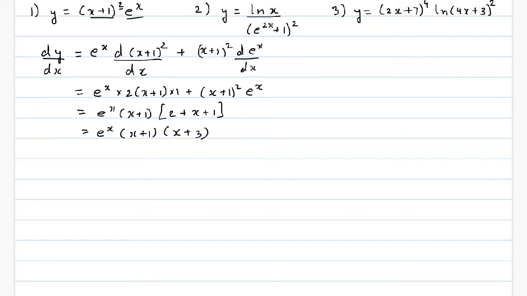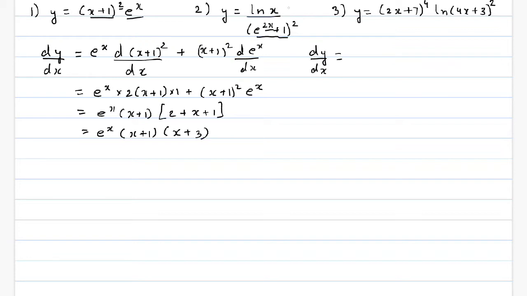Now let's see the second question. In the second one, again we have maybe 4 different functions. First we have this log of x, then divided by we have our squared function, then we have e raised to x plus 1, and then we have 2x. So we'll go one by one. First we have that division, so therefore we'll use that division rule. So we'll have dy by dx.